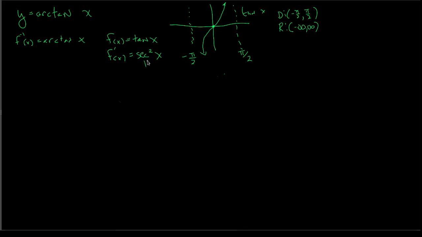And some things we know about secant squared x, again, we have a squaring going on here, so we're going to have a Pythagorean relationship. So again, our Pythagorean relationship comes from this: the square of cosine plus the square of sine will always equal 1. Well, I can divide everything by cosine squared.